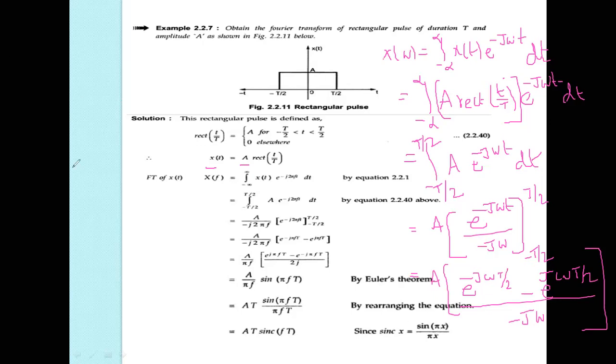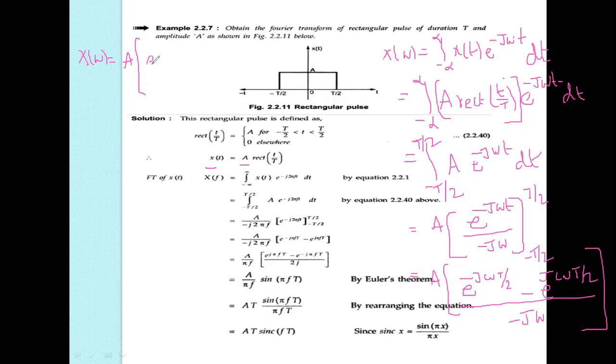Now the minus is there, and multiplying the minus with the numerator, X of omega is equal to A into, I am multiplying this minus with the numerator values.